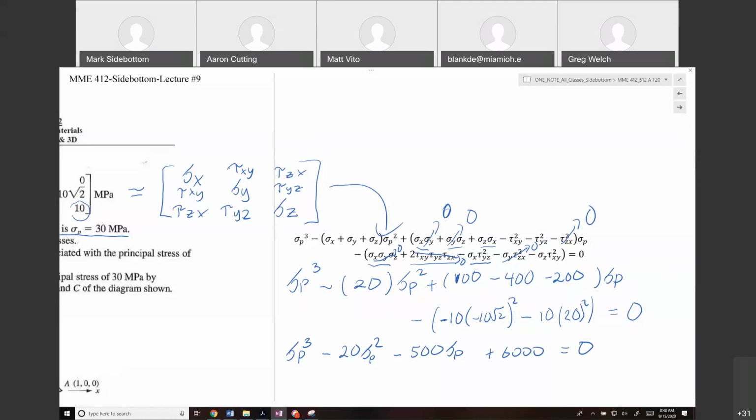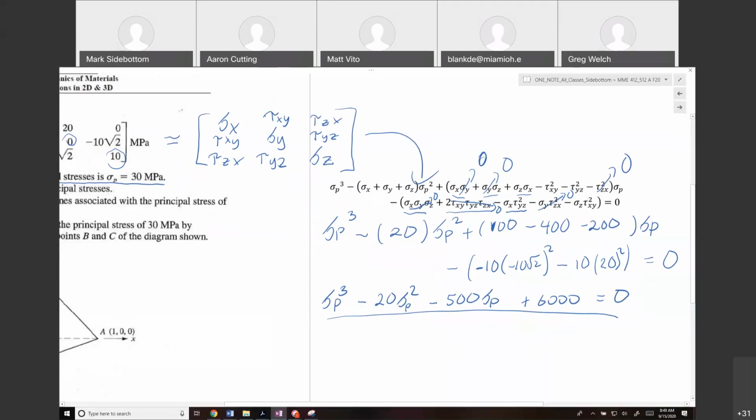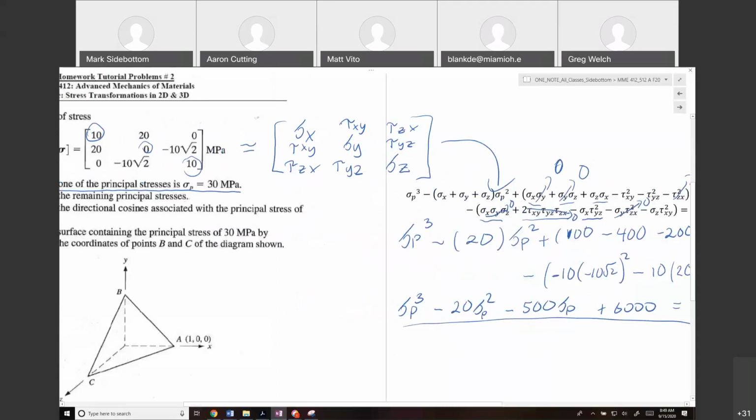All right. In this case, we have a cubic equation. You could find the roots either using a root solver, or you could make a graph with sigma p as your x, and where y is equal to 0, you would have your roots. But in this case, we were actually given one of the roots of our equation.